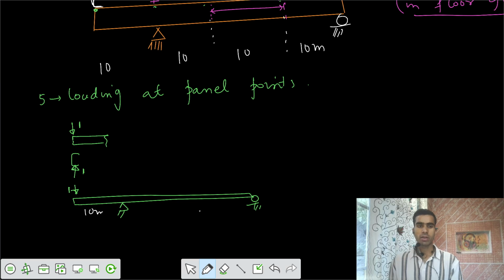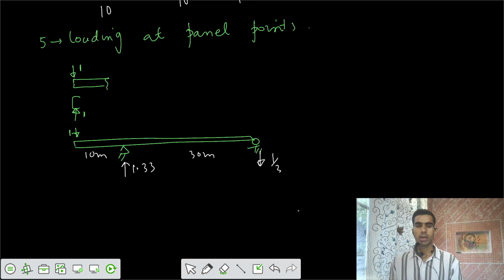If this is 10 meter, this is 30 meter. This one would be downwards 1/3, and this would be 1 plus 1/3, that's 1.33. If you take summation of moments about any point, you can get those values.